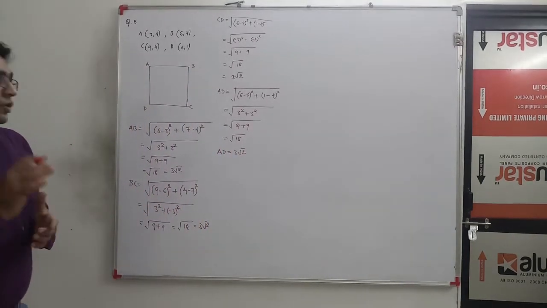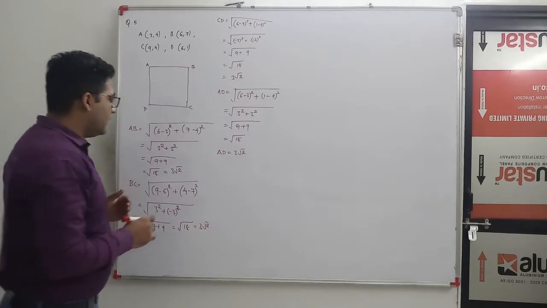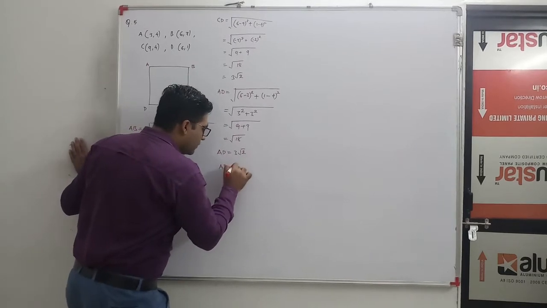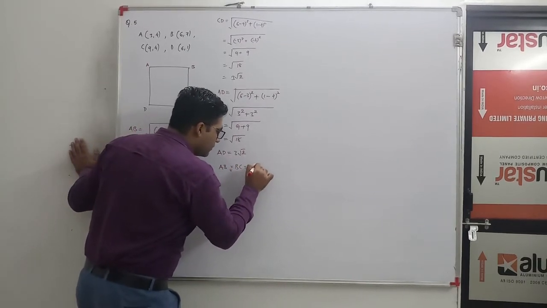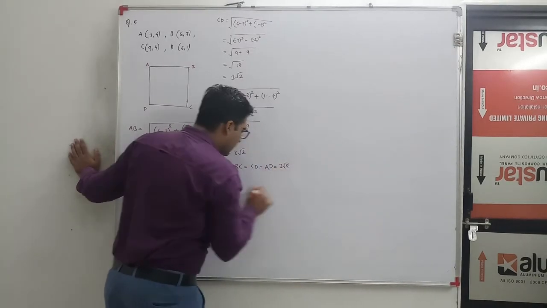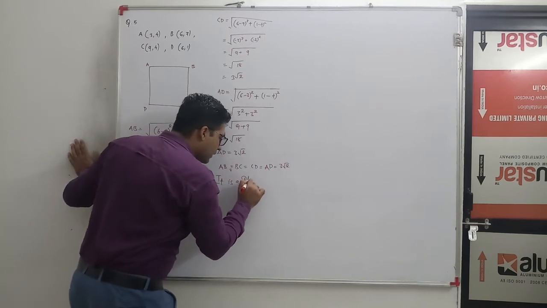Now if we observe, all sides are equal: AB is equal to BC is equal to CD is equal to AD is equal to 3 root 2. So it is a rhombus. That is the first condition.